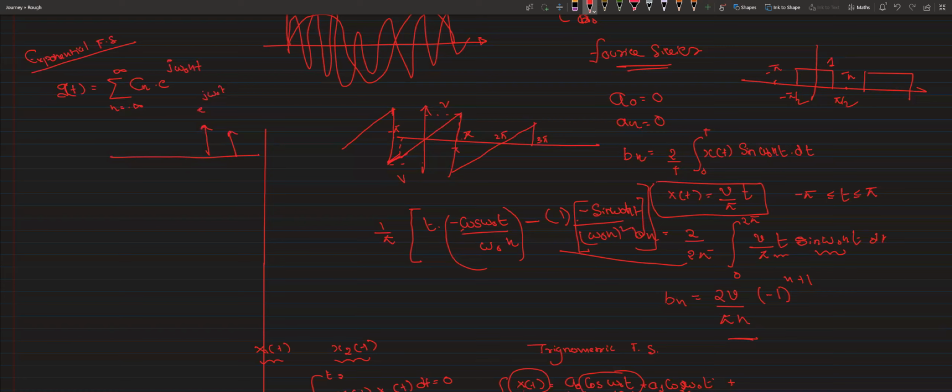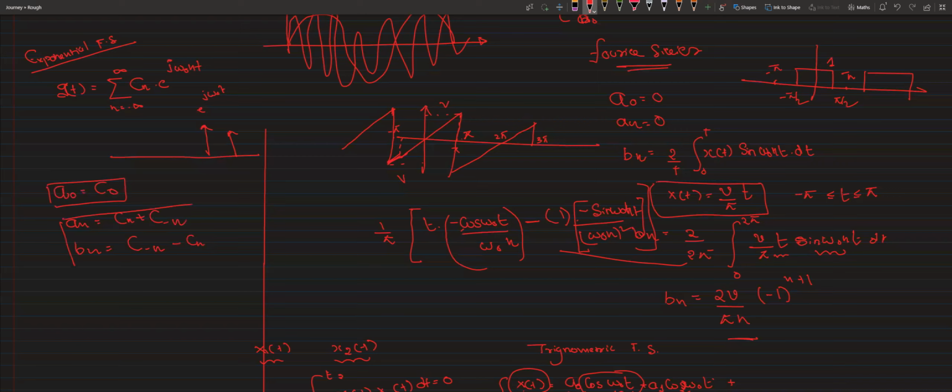One more thing sometimes they will ask in the exam: the relationship between trigonometric and exponential Fourier series. A naught equals C naught, both are the same, the DC components are the same. An equals Cn plus C of minus n, and Bn equals C of minus n minus C of n.